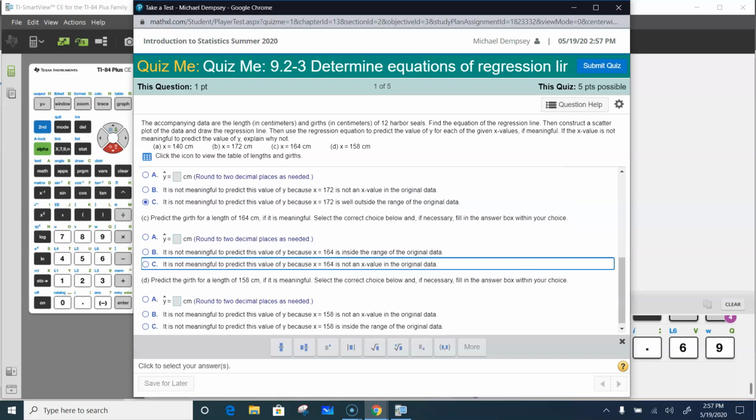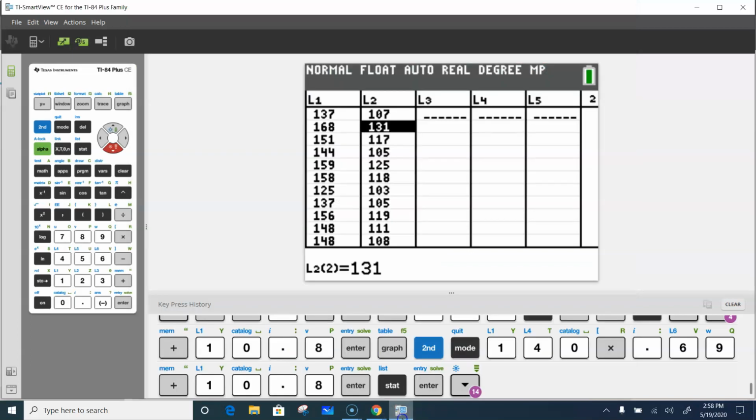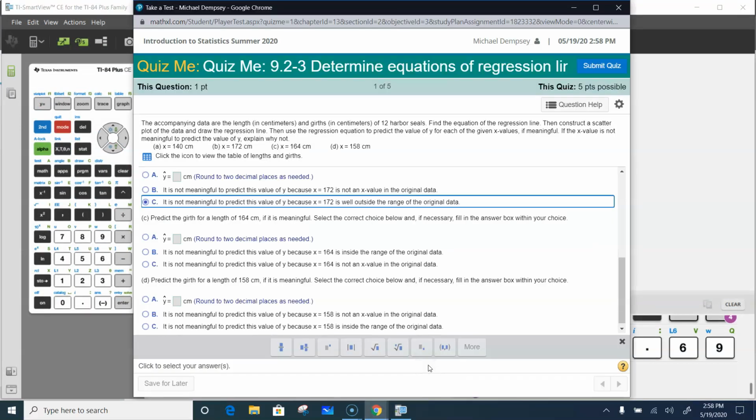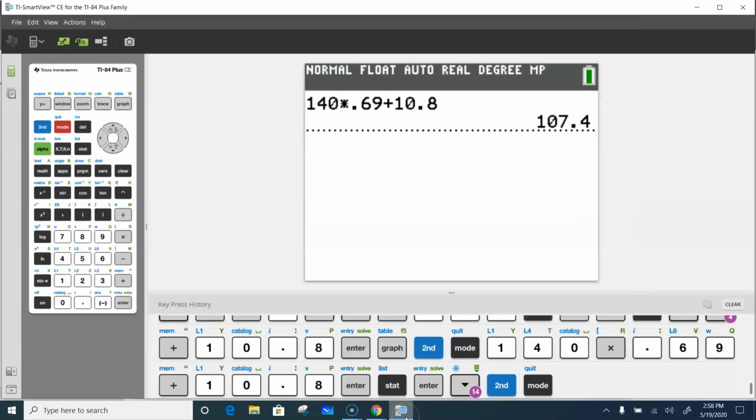Predict the girth for a length of 164 if it is meaningful. I think we can certainly do 164. That's going to be in there. And 158. Yeah, 164 and 158, these last two, we can do both of those. So I'm just going to go back and change this to a 164.